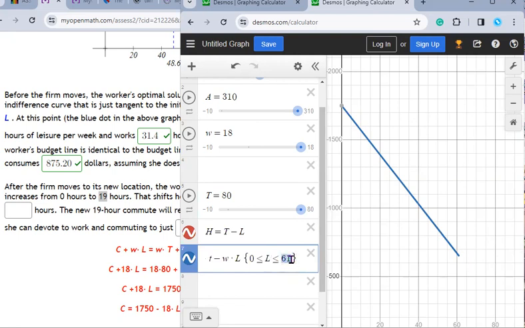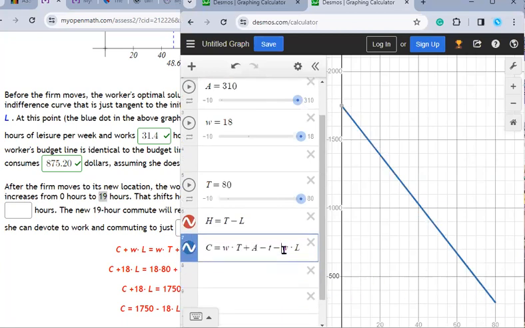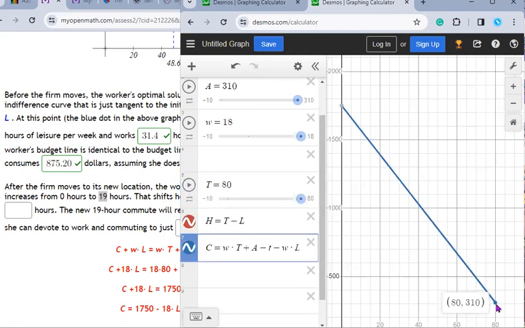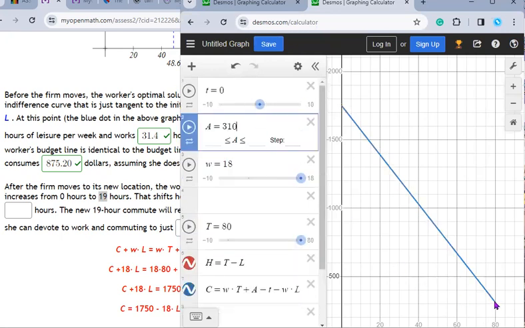I'm going to make this T. So the leisure amount is still bound between 0 and T; instead of writing 80 here, I put T. At this endowment point, if she uses all of her time for leisure, the most she can spend on consumer goods is $310. And that was the weekly allowance she's getting, right?